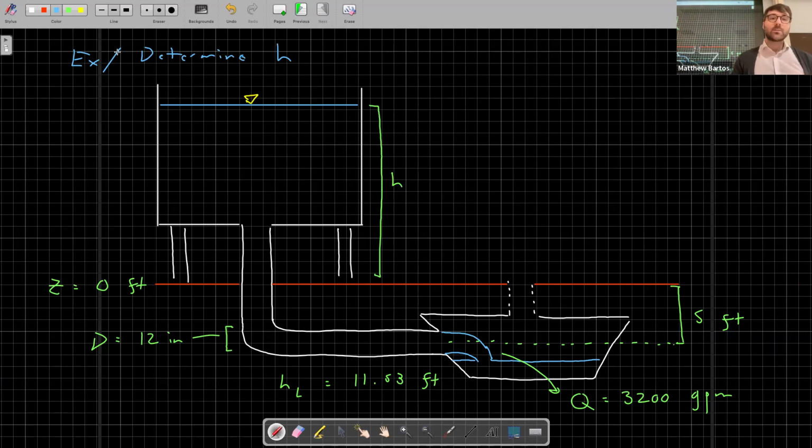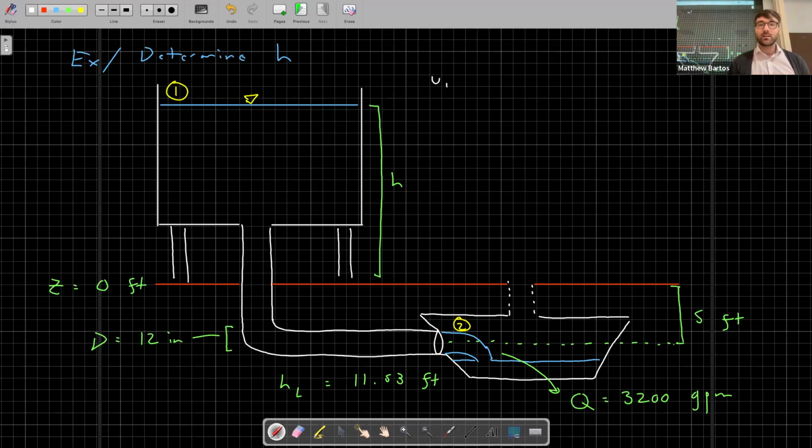So let's go ahead and apply the energy equation. I'm going to apply it between 2 points. The first point will be at the very surface of the reservoir. And the second point will be right at the outlet of the pipe, just as the pipe discharges into the air. So let's apply the energy equation between those 2 points.